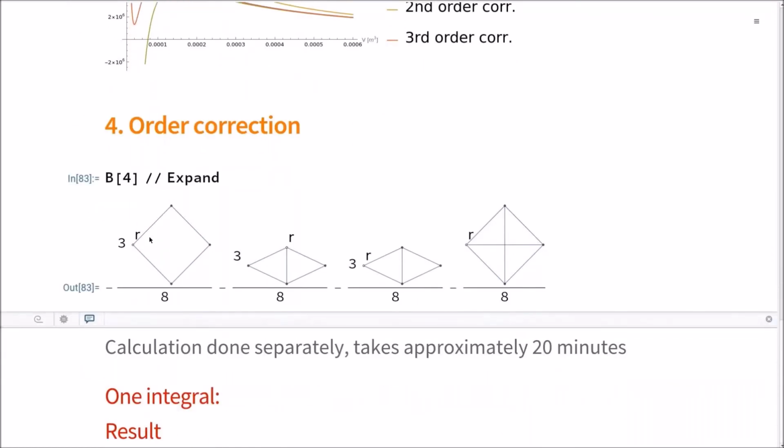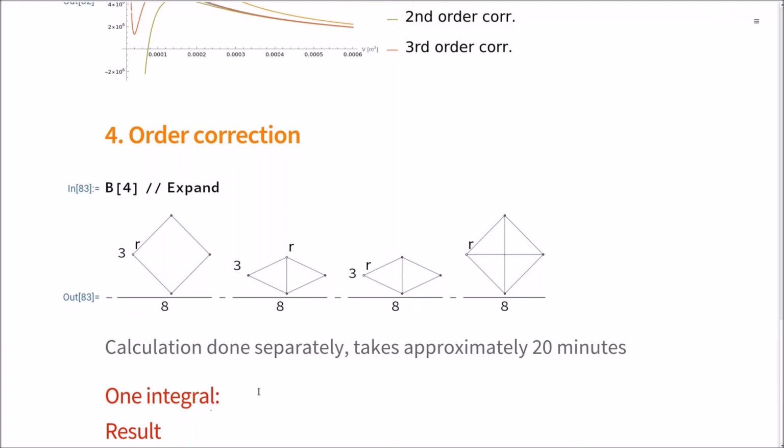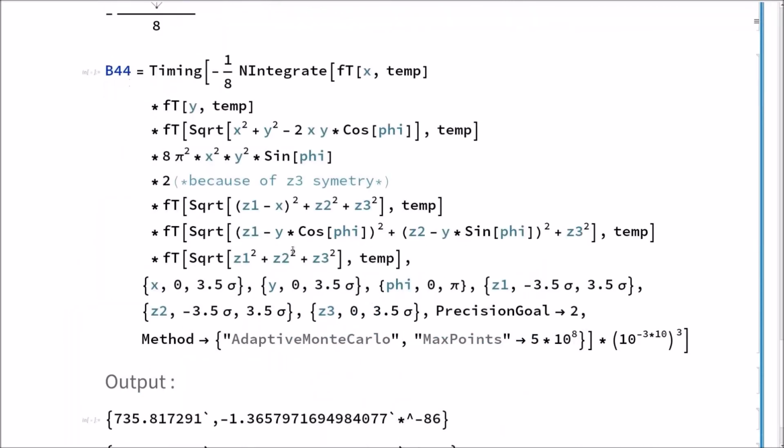So these are now 4 diagrams, and the first 3 are rather straightforward to calculate, and the third one is the one that takes the most time. And I show here how you can do it, and it takes about 20 minutes.